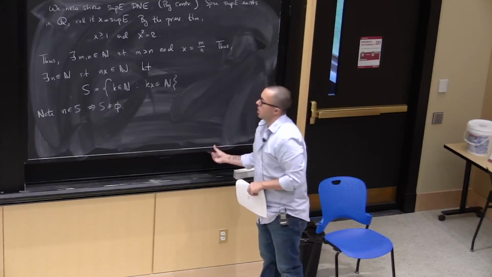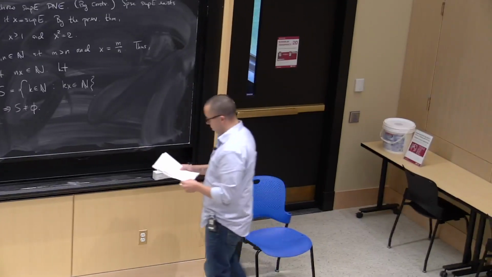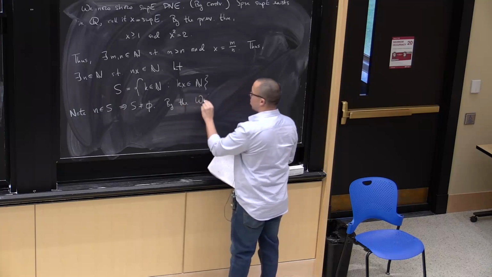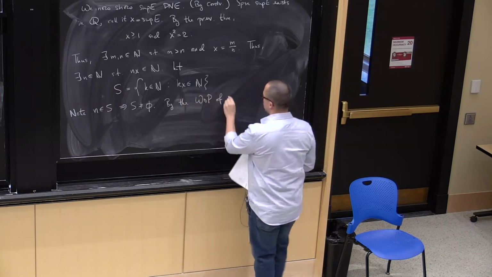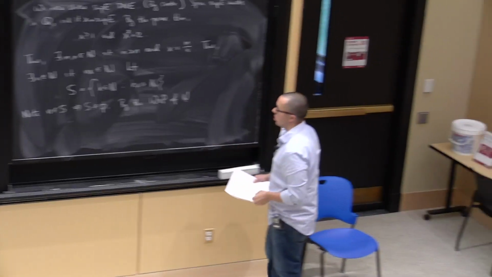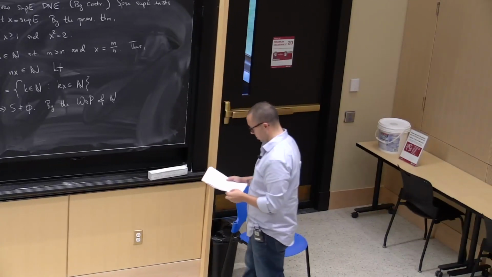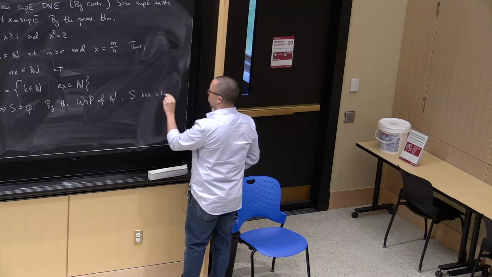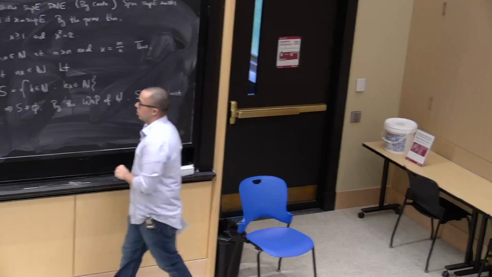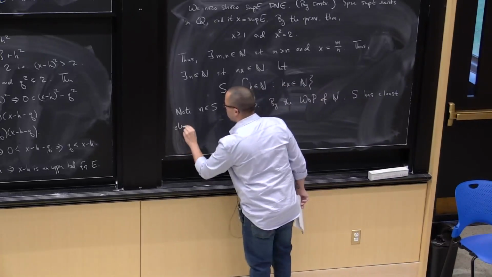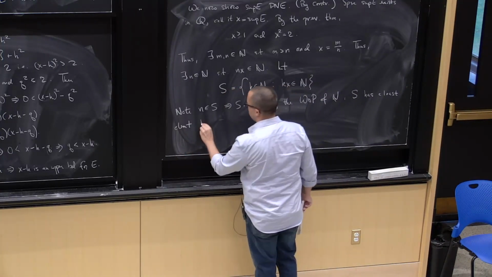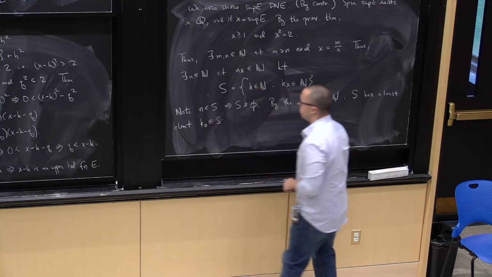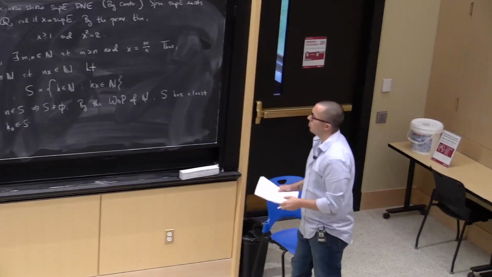Now, this is a subset of natural numbers, so by the well-ordering property of N, this set S has a least element, which we'll call K0 in S. Okay?